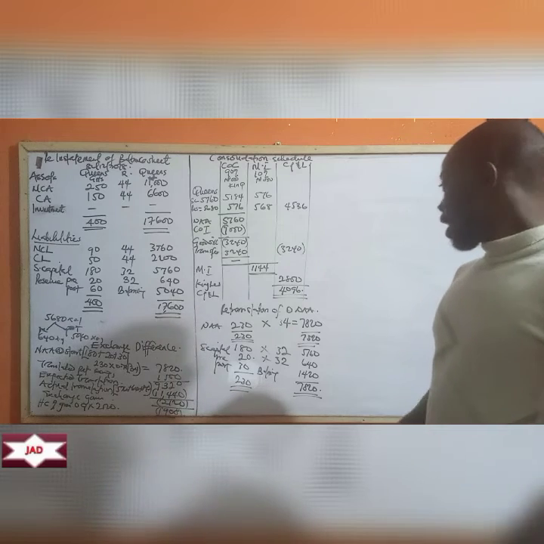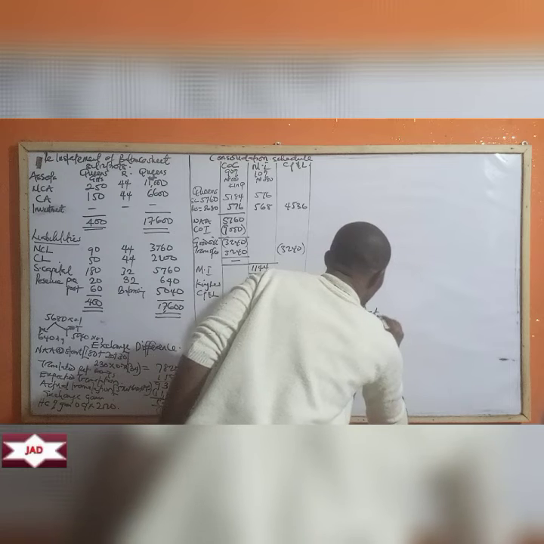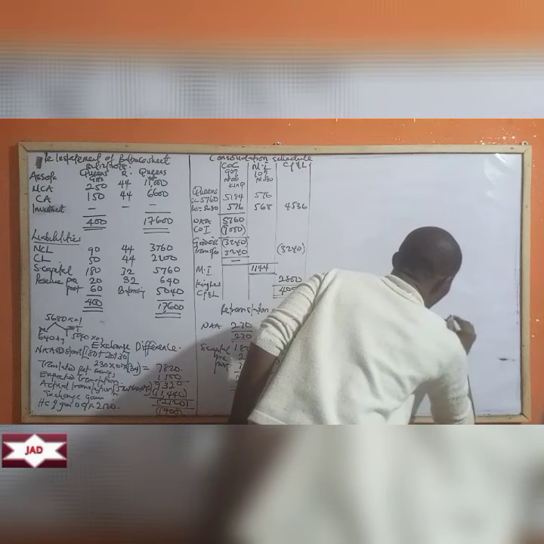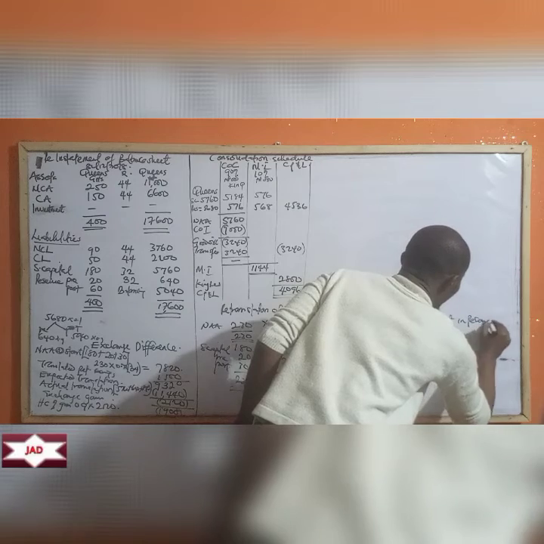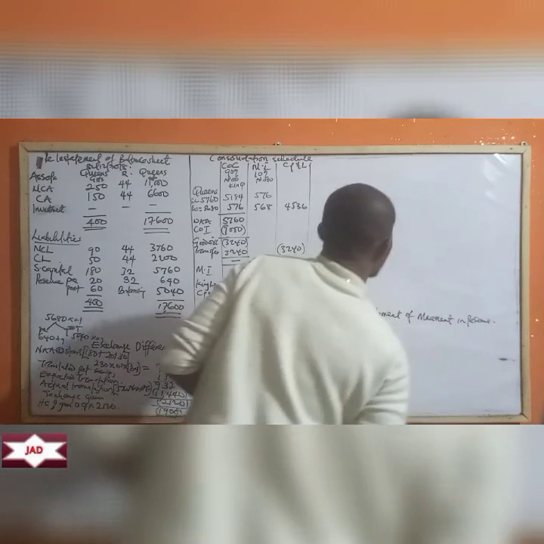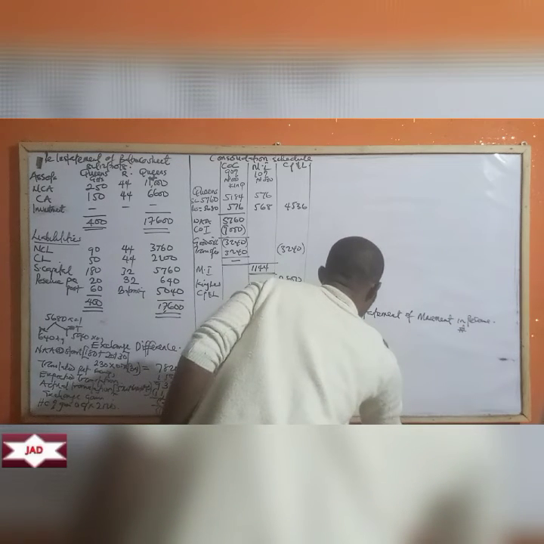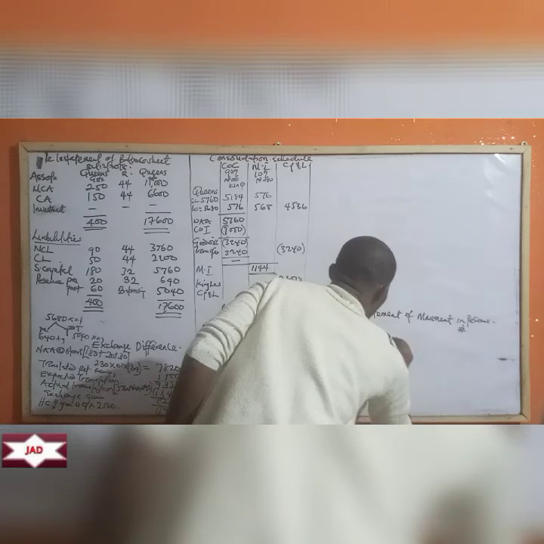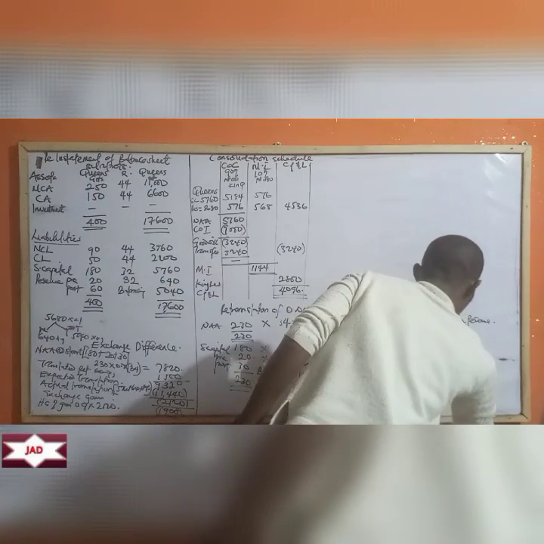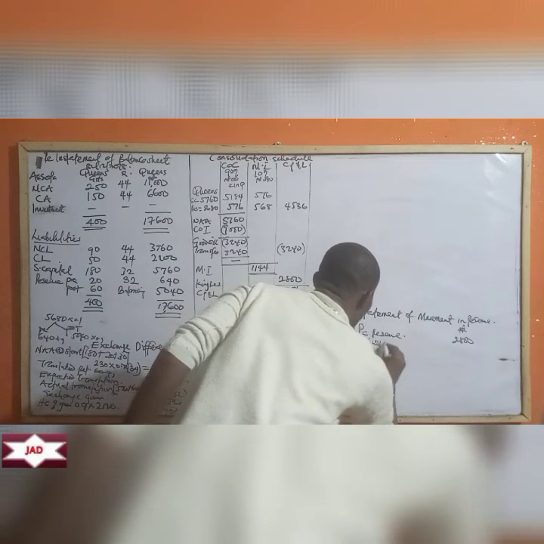Alright, so let's go. So we have statement of movement in reserve. Now we have parent company's reserve, or we can say group reserve. I think we have that here, 2,800. So what's our goodwill on consolidation?